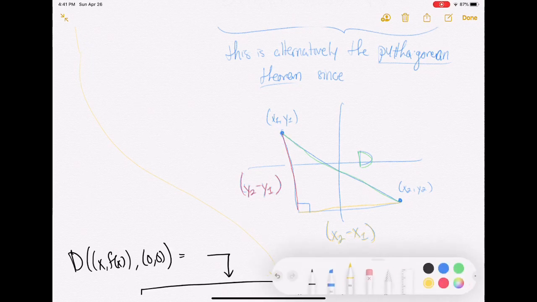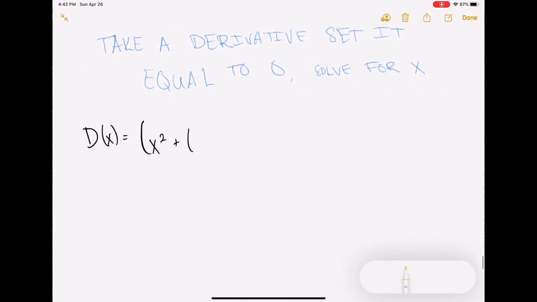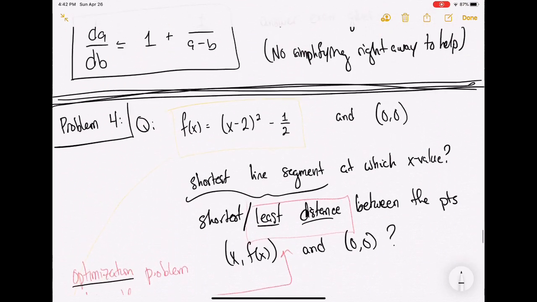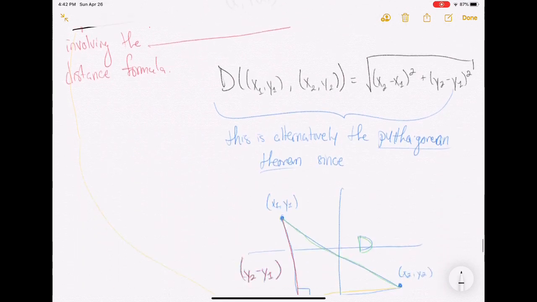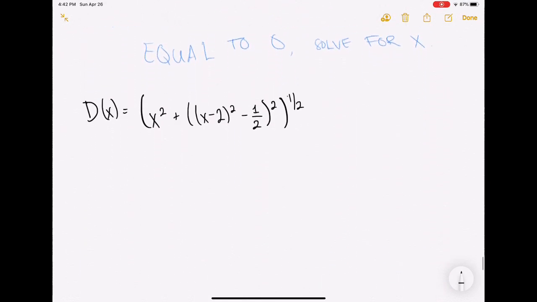That f of x is x minus 2 squared minus 1/2. And that whole thing is squared now, and the whole thing is to the 1/2 power. So no, I didn't give you guys an easy problem, but it works. It does work.